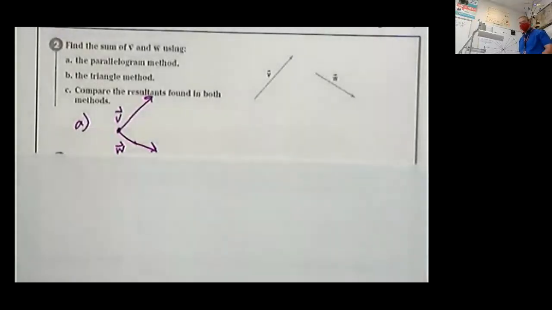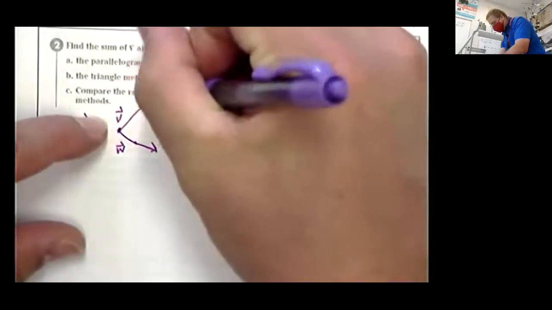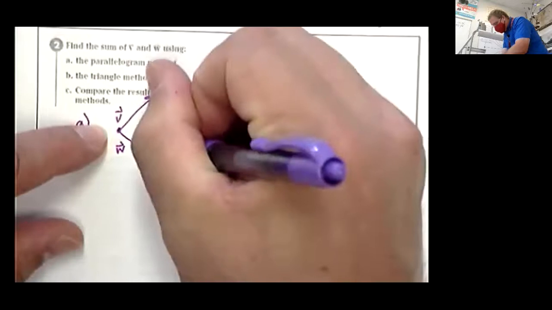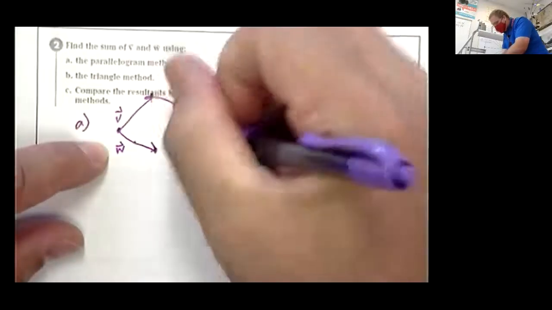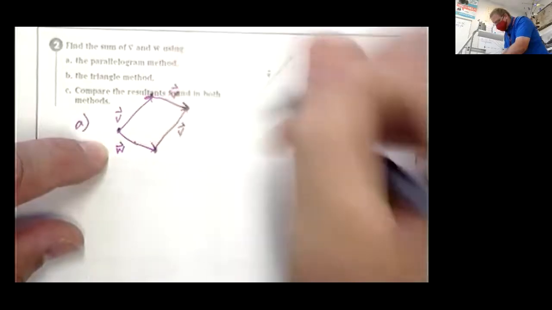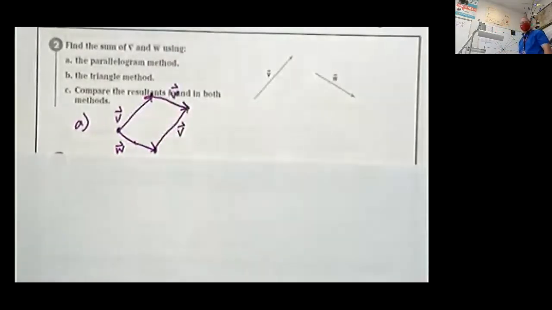Then what I'm going to do is create a parallelogram. From the terminal point of vector v, I'm going to sketch the same vector w. And from the terminal point of w, I'm going to sketch the same vector v so that the opposite sides are parallel, thereby giving me a parallelogram.